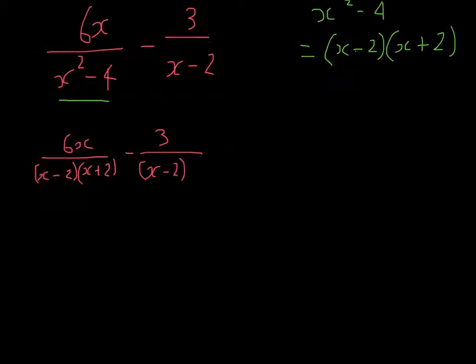The lowest common denominator in this case is going to be equal to this, x take 2, x plus 2. So to get this side over here the same, we're going to need to multiply by x plus 2. So that's what I'm going to put on this side of the equation. I'm going to multiply it by x plus 2. So the bottom, x plus 2, and then the top, x plus 2.